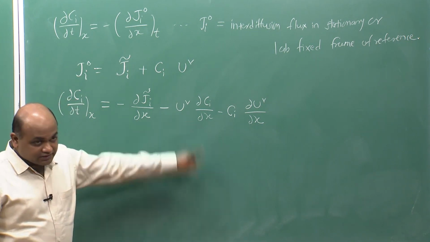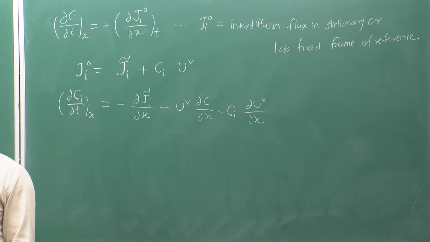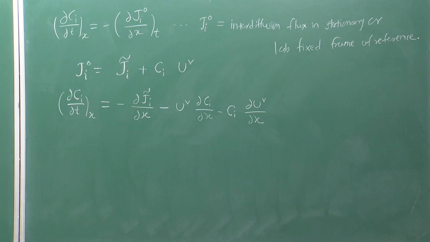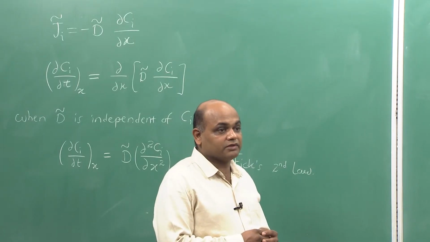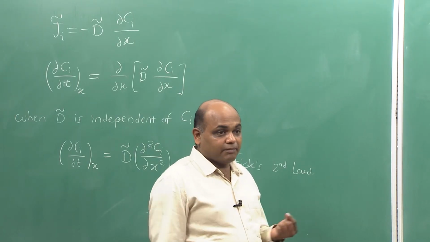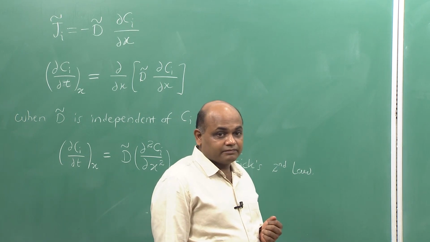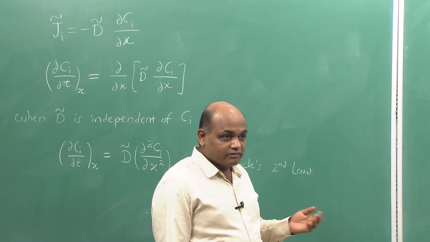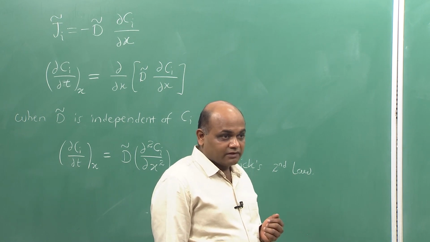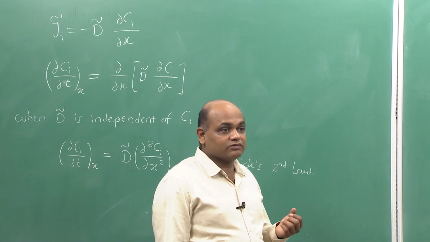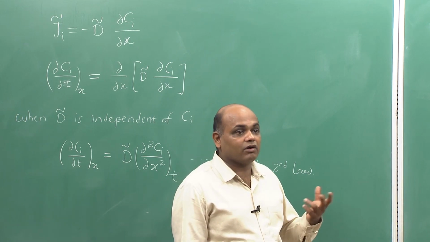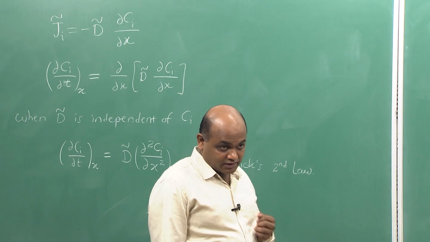And as I said, this happens when the partial molar volumes are assumed constant. In other words, when there is no net volume change occurring because of diffusion. If the partial molar volumes are functions of composition, then with diffusion there will be a change in volume, there will be net compression or expansion of the diffusion zone.